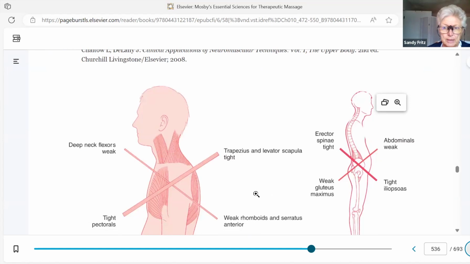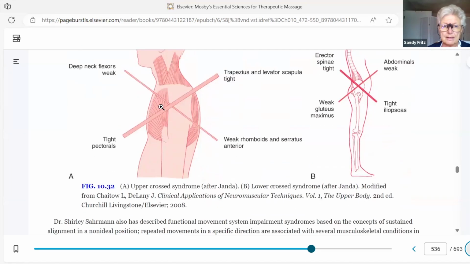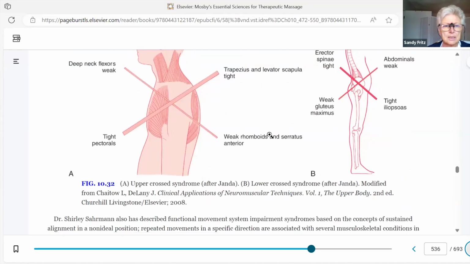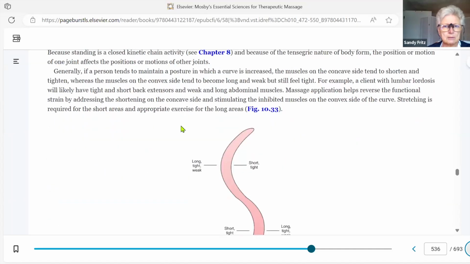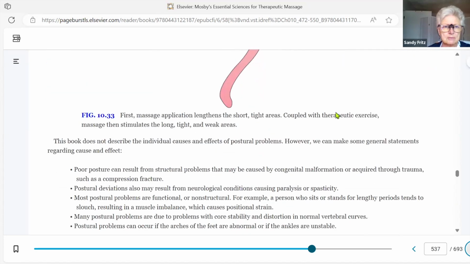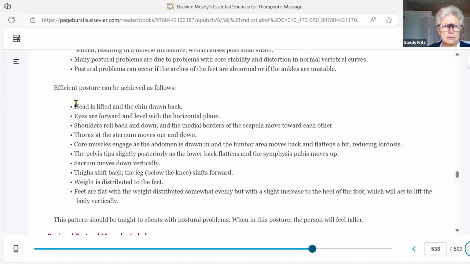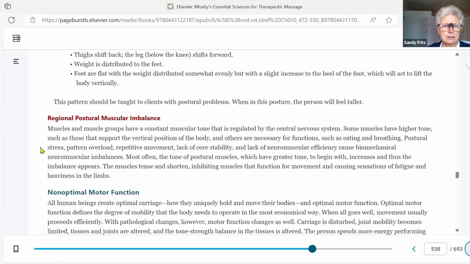These are theories, based on Kendall and Janda, and the postural deviations that we will see during our visual assessments. So this gives you guidance on how to do that.